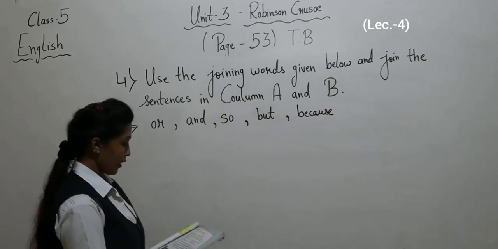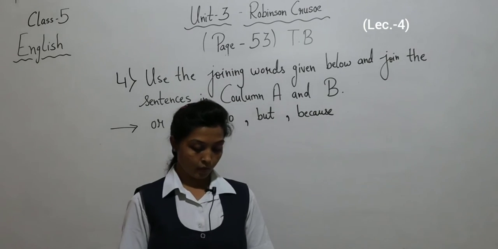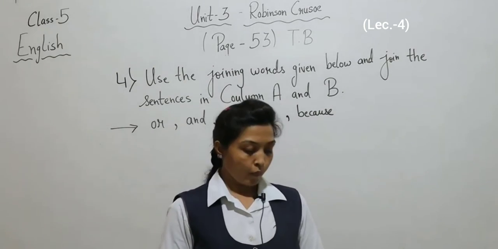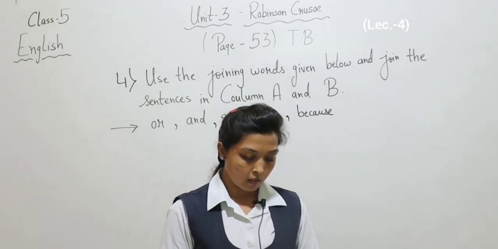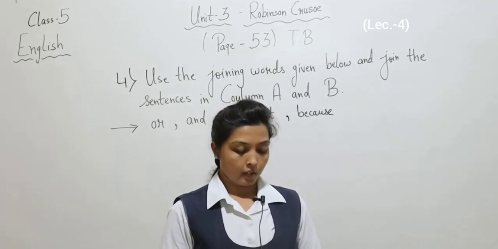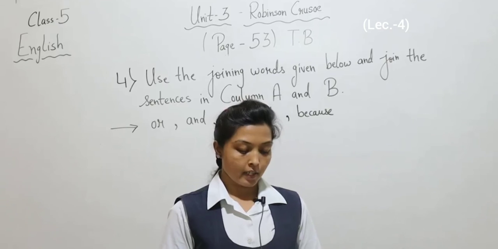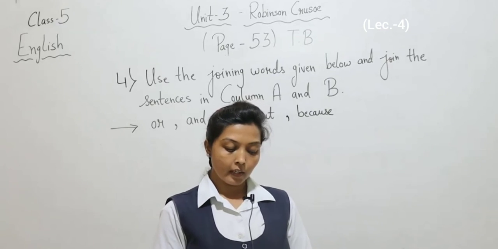Now, column A has sentences given. First one: I can sing well, but I can't dance at all.